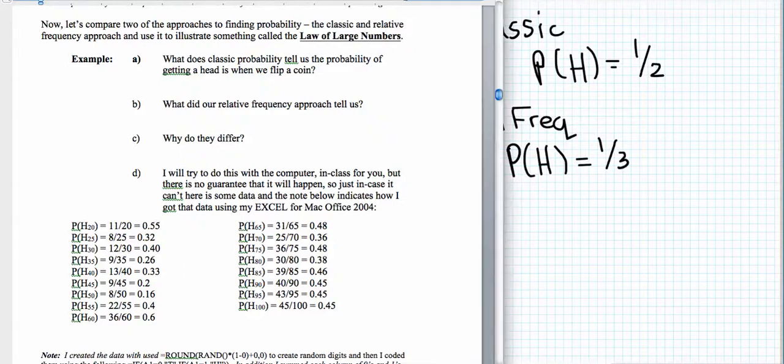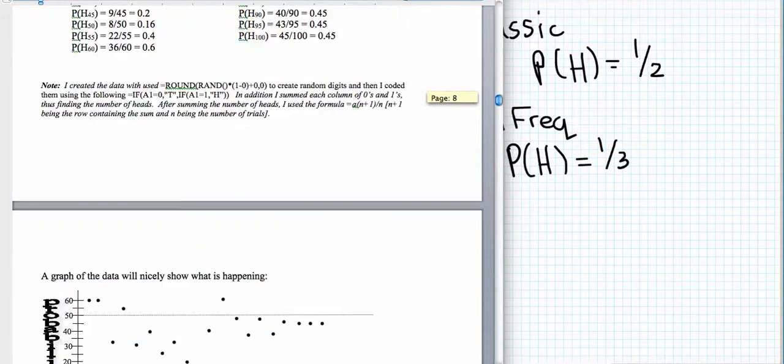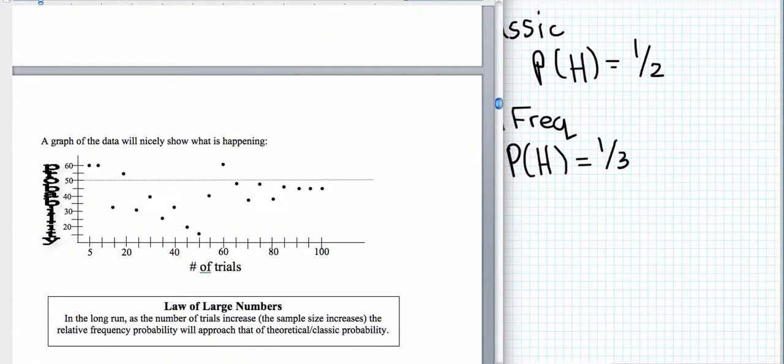And then, usually somewhere in the 75 plus range, you start seeing it settle down to be right at 0.5. And that is the law of large numbers in action.